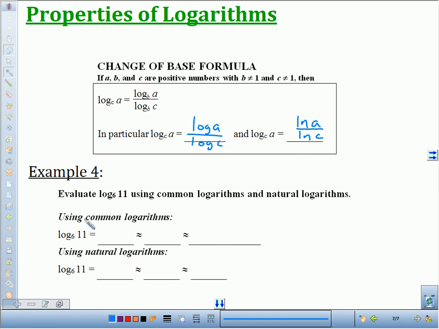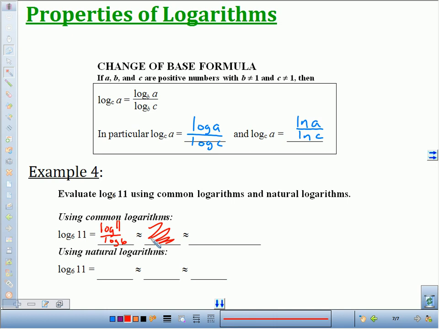If we were to type this into our calculators, we would get an answer. So, let's give that a shot. If I have log base 6 of 11, of course I can't evaluate that very easily. So what I want to do is, with the common log, log of 11 divided by log of 6. I'm not going to worry about the intermediate step.